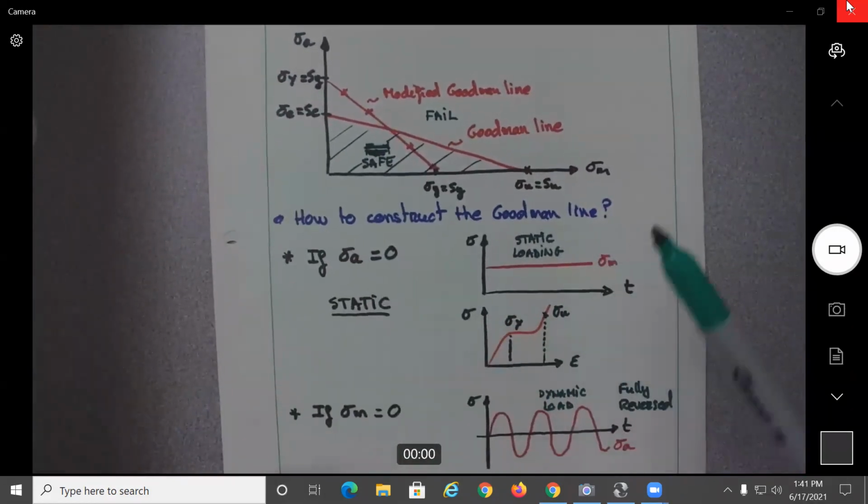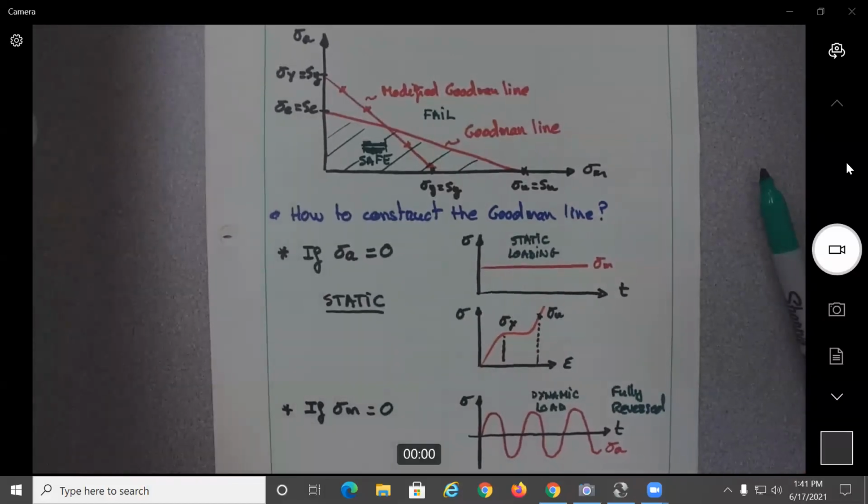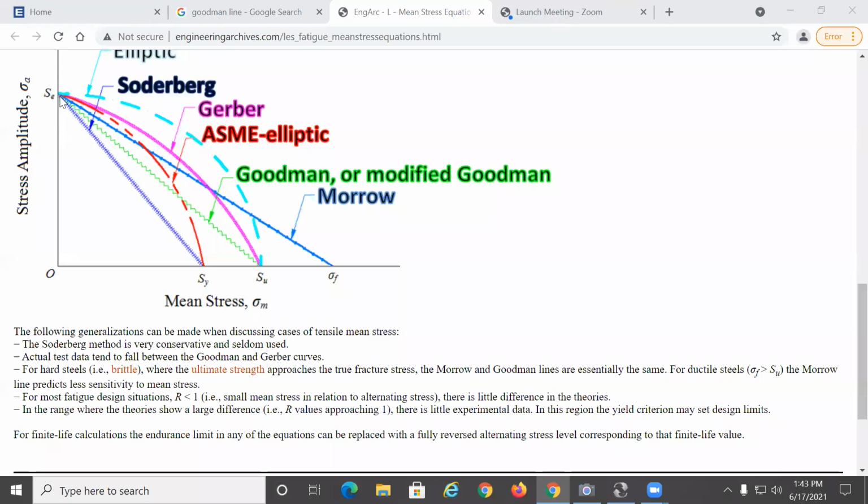Let me try to Google it for a second. If you go from the endurance to the ultimate, it is called the Gerber failure criteria. If you go from the endurance to the yield, it is the Soderberg failure criteria. But you see, they all mean the same thing.